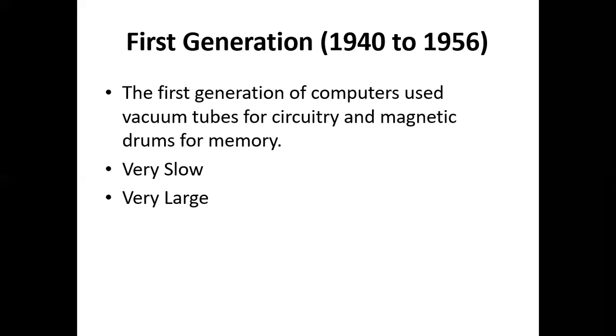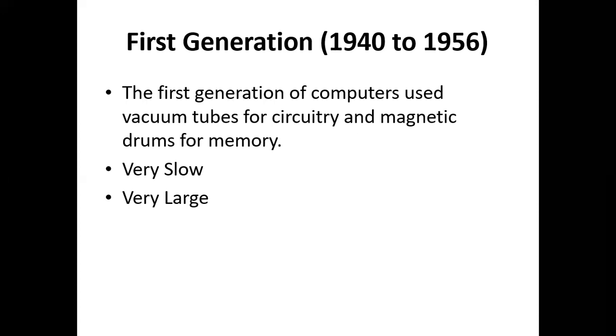The result of this technology is that the first generation computers were very large. Because of the technology that was used, the computers were very large, and in terms of performance, the computers were very slow.